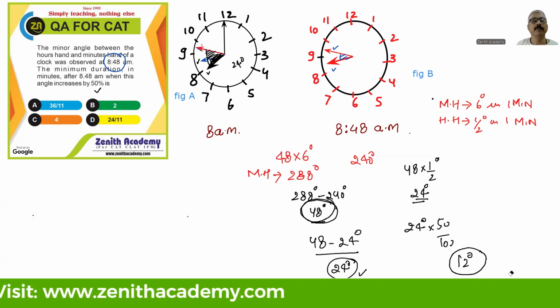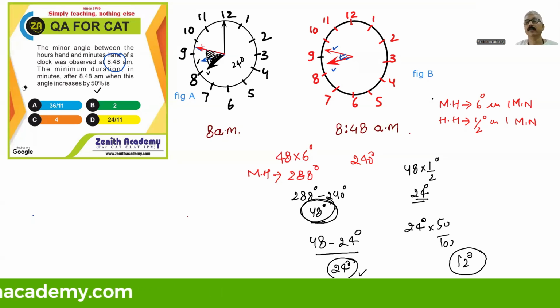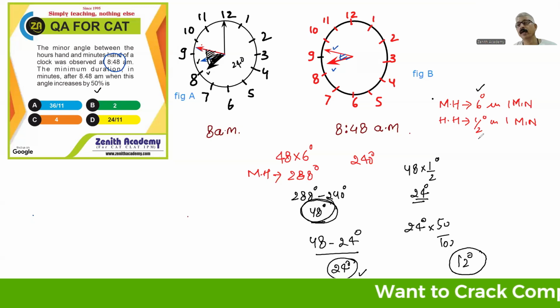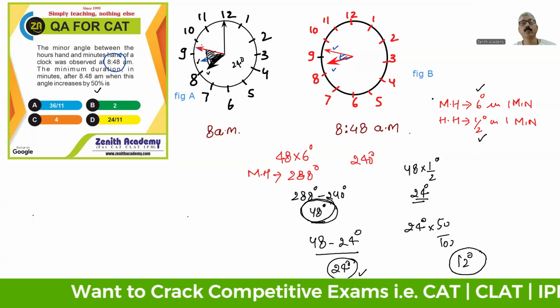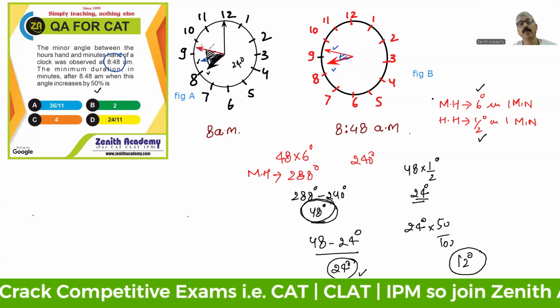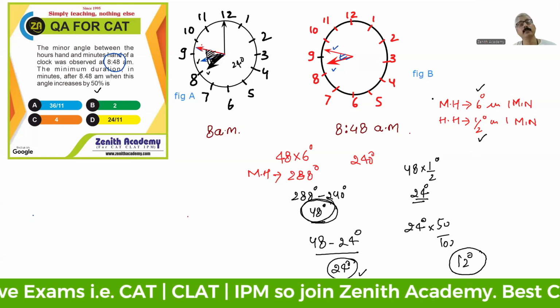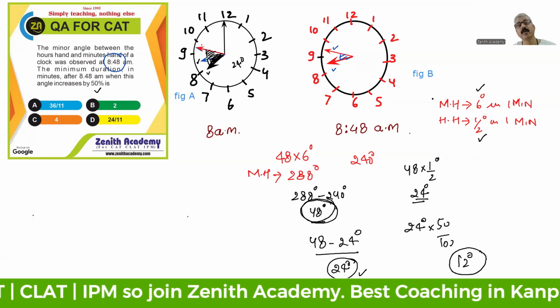So now it is very simple. Look here. As I said, minute hand moves 6 degree in 1 minute. Our hand moves half degree in 1 minute. Both are moving in the same direction. Minute hand speed is always faster than our hand.